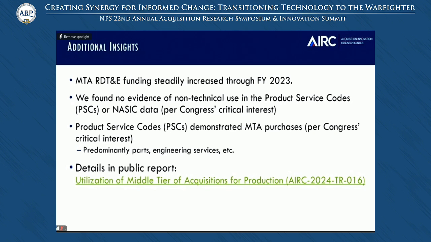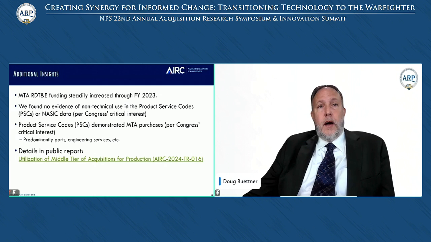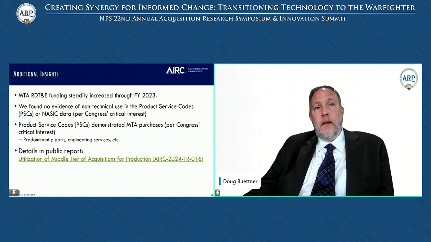We did find no evidence of non-technical use of MTAs, and for that we used product service codes and NAICS data. This was the critical interest aspect from the congressional ask. The PSCs, or the product service codes, demonstrated the MTA purchases were predominantly for parts, engineering services, management services.